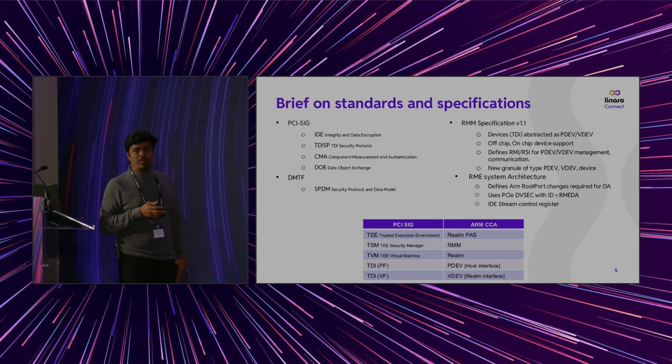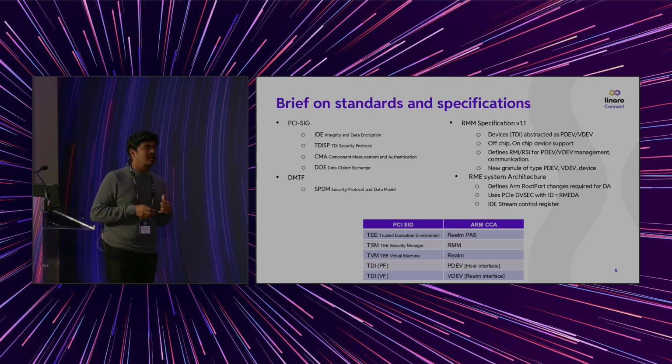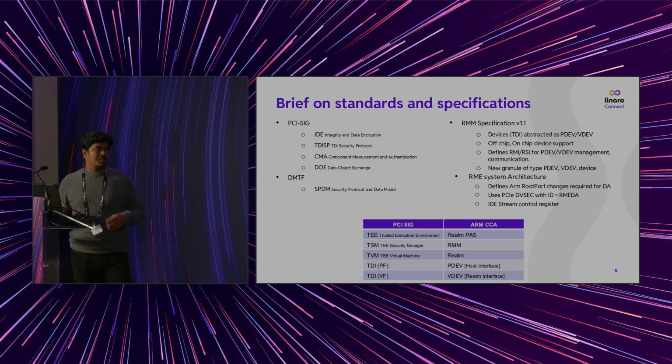We'll cover a brief on the industry standards and specifications. I won't go into much detail on each of them. On the left-hand side, we can see a number of specifications from PCI-SIG. Those have been engineering change requests in the specification, and later they were merged into the PCI specification.